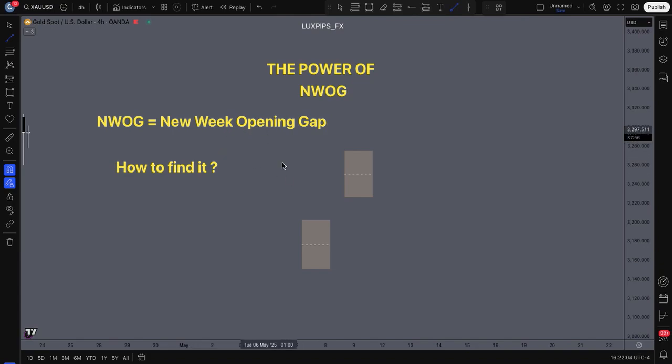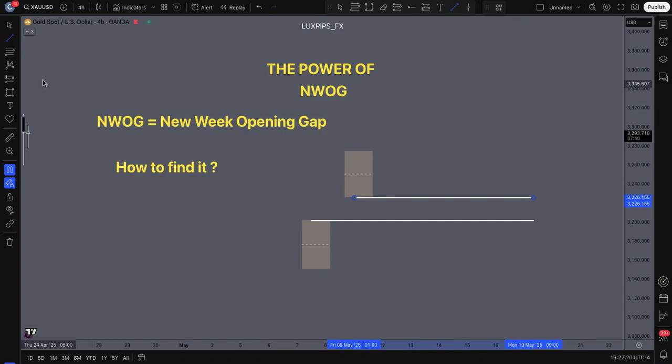So to find your Enwalk, using the bodies of the candles, you want to put a horizontal line at the close of last week and the open of the current week.